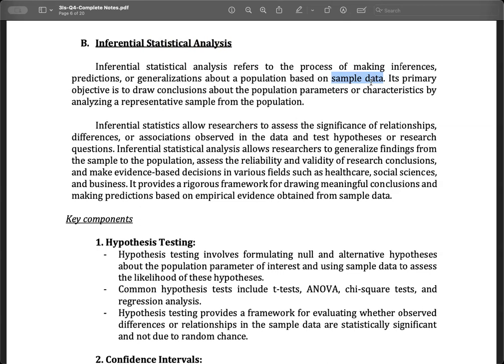So given that idea, it is important to take note that inferential statistics is only done on sample data. So if you deal with sample data, automatically, you are going to do inferential statistics. But sir, how about if we do a census or a total enumeration?